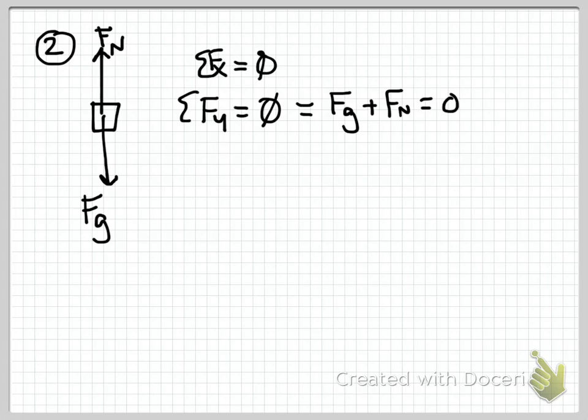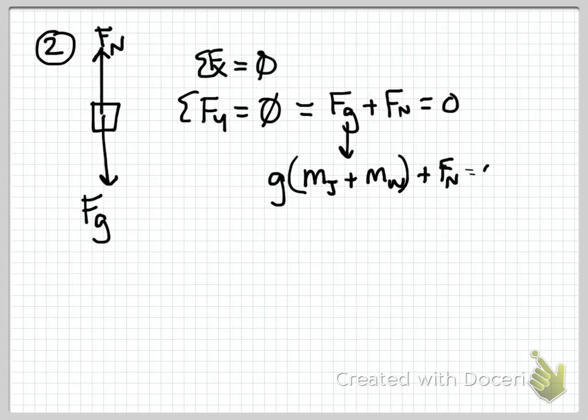They're equal to 0. So we know that the force of gravity that gravity is exerting, back upwards, is equal to the mass of Jack plus the mass of the washer, all times gravity, and that plus Fn must equal 0. And so gravity times the quantity mass of Jack plus mass of the washer has to be equal to the negative of the normal force.